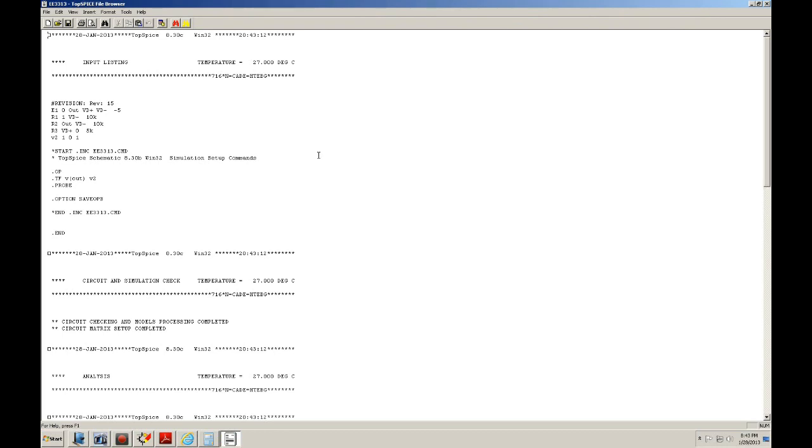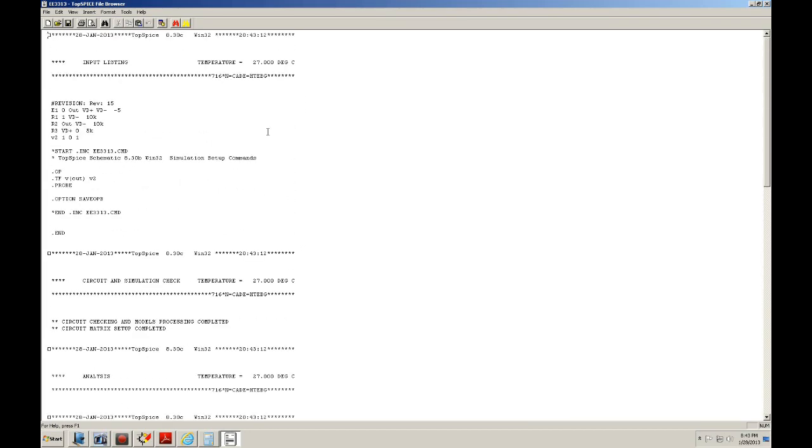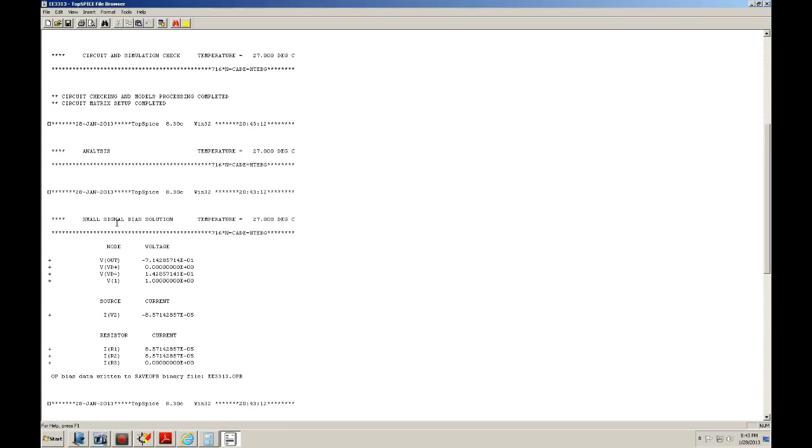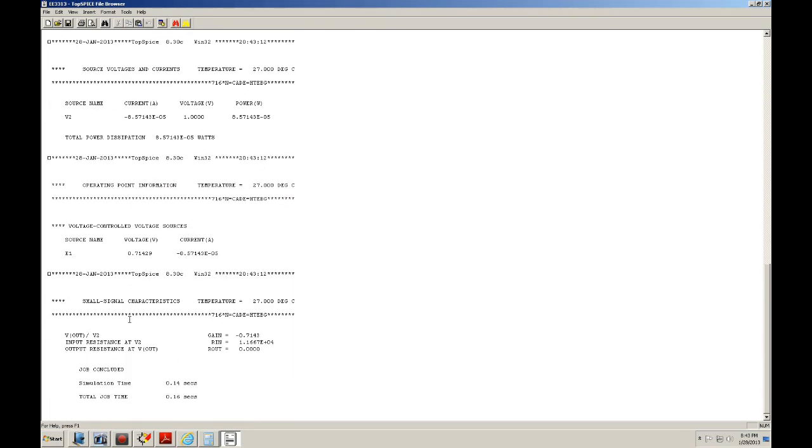Then we have to look at the output file. This is the output file, or the text, that TopSpice has, and PSpice should have something very similar. In the text file, it has the net list, and it has a bunch of useful information. It has the voltages, and then if you keep scrolling down, here it is.